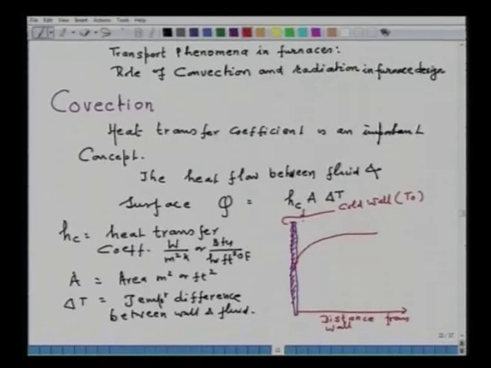And here we can characterize the different regions. Say this region is A, this is B, and this is C. Now, the region A is the laminar sublayer.